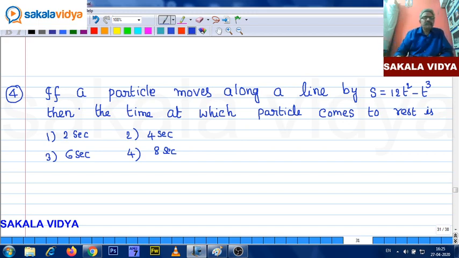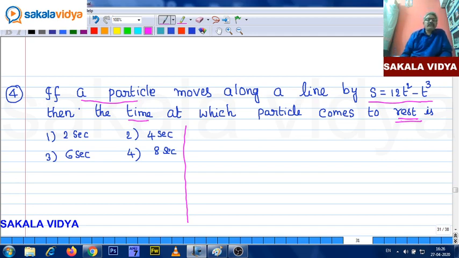So, now, if a particle moves along a line s is equal to 12t square minus t cube, then the time at which the particle comes to rest. Particle comes to rest means, when you apply the brakes to a car or any train, the final velocity becomes 0.